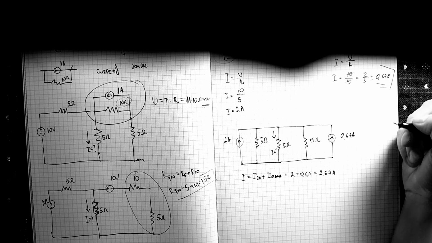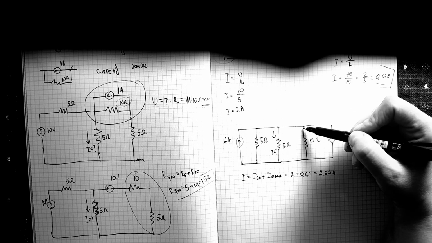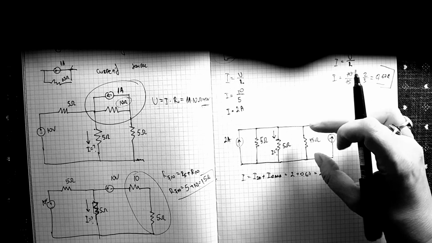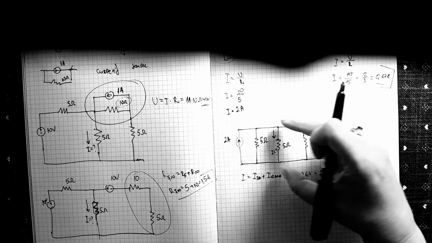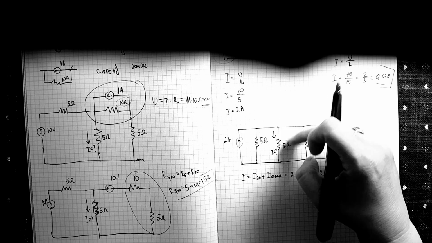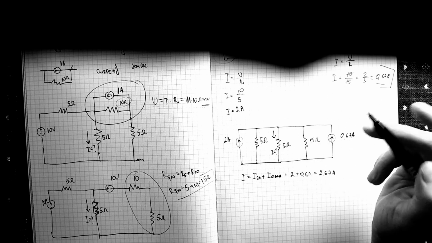Next, we can add this one and this one. We keep this one isolated because we need the current through this resistance.